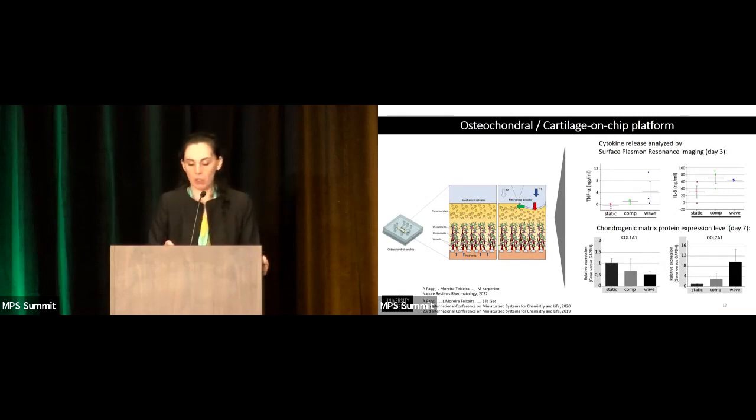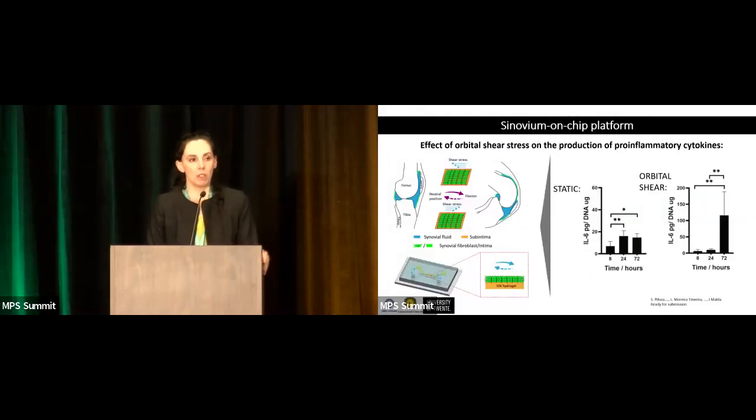But as I mentioned before, the joint is not composed of only one tissue. So what we did afterwards was look at how we could recreate another tissue that plays an important role in disease progression in osteoarthritis. That organ was the synovium, the synovial membrane.